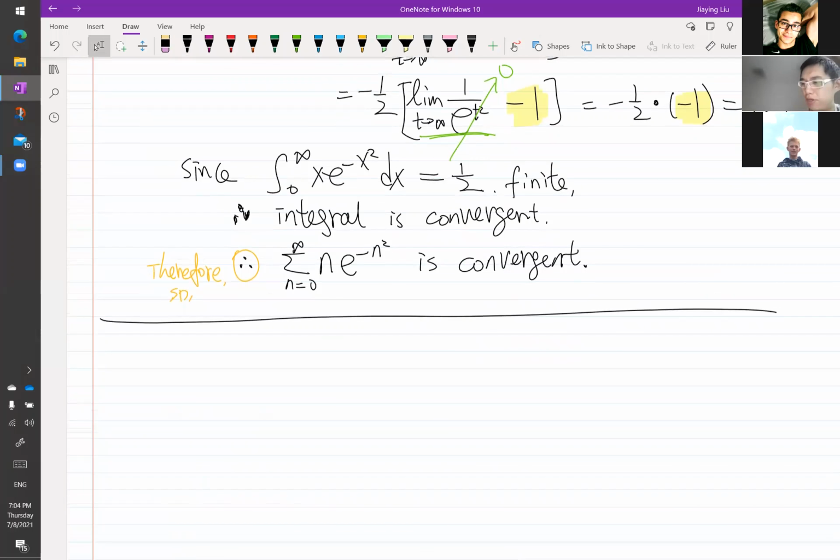Now, the next one, I'm going to skip the work for deriving it. I'm just going to write down the test directly. It's called the P-series test.